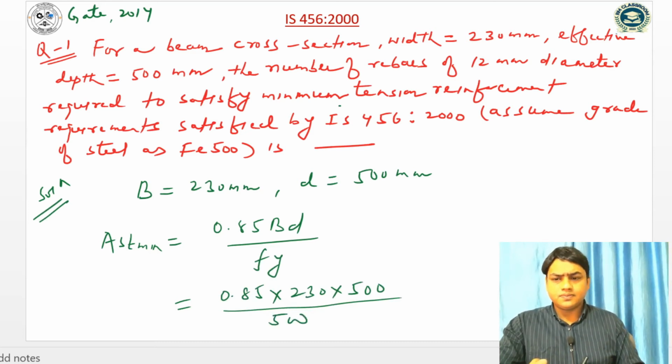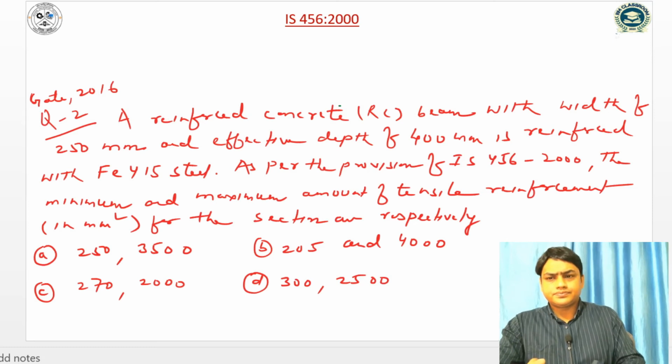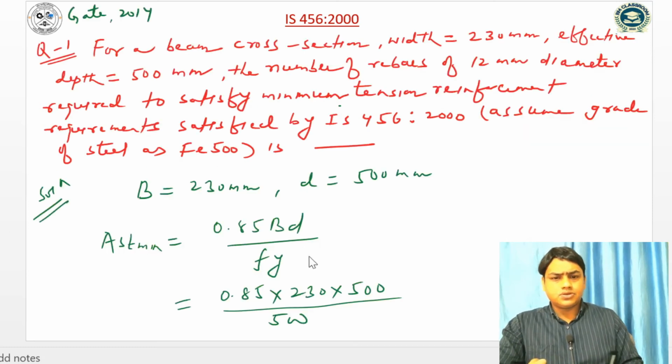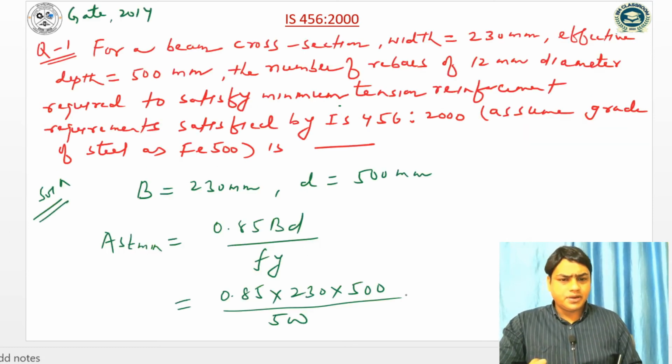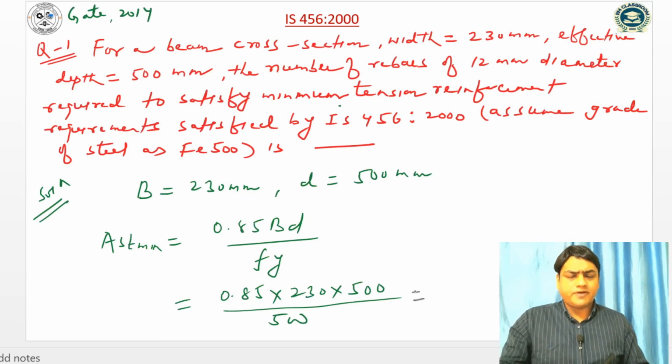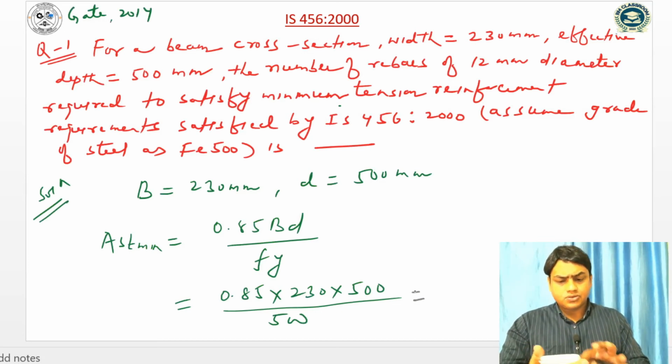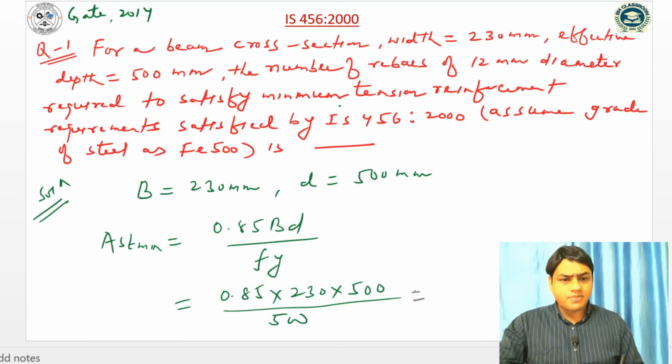So the total minimum area is 0.85 into 230, so it is 195.5 mm square.